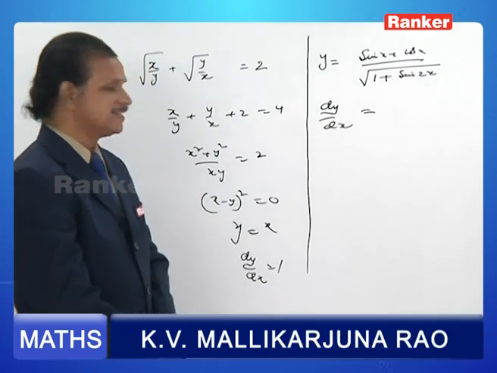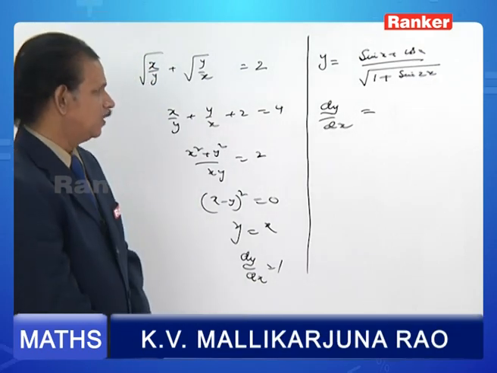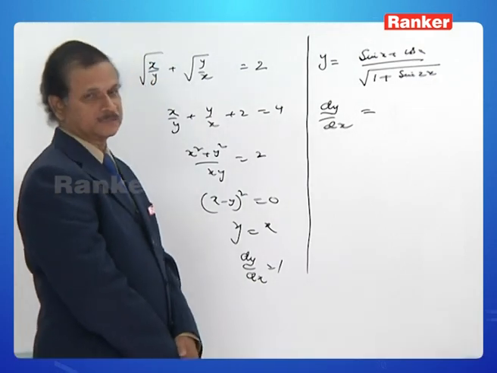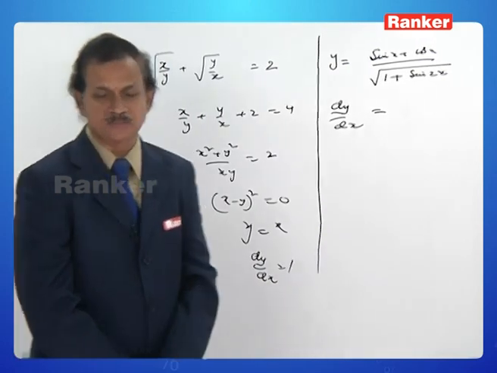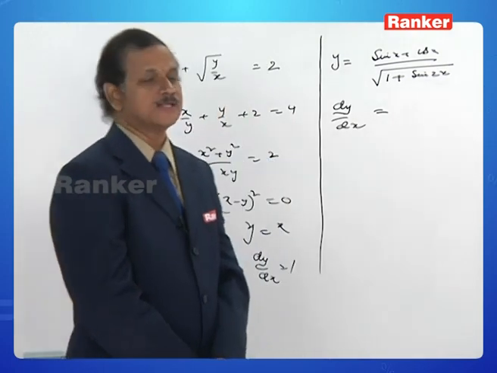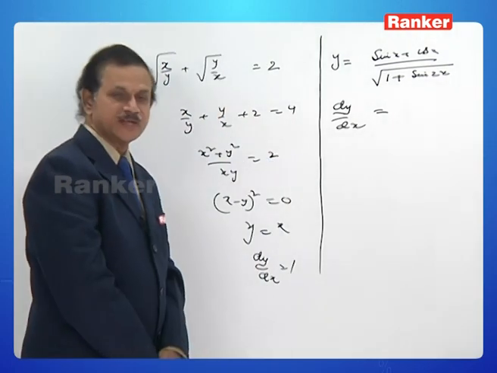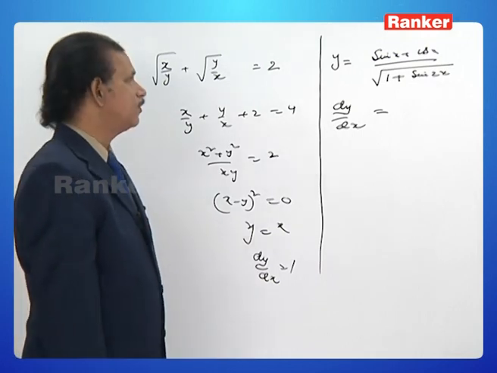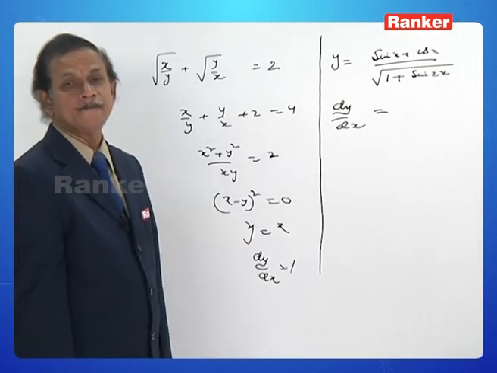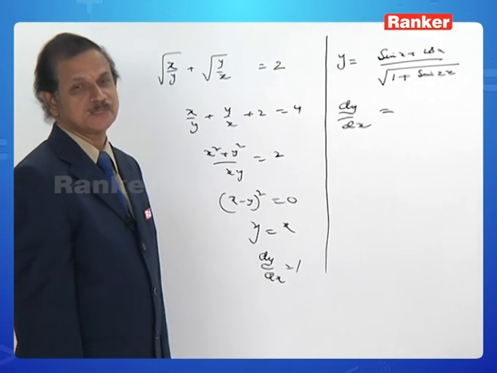How? You just expand the denominator. What is in the denominator? 1 plus sin 2x is there. You can write 1 as cos square x plus sin square x, sin 2x as 2 sin x cos x. So it can be taken as cos x plus sin x whole square. Under root it is plus or minus of cos x plus sin x.